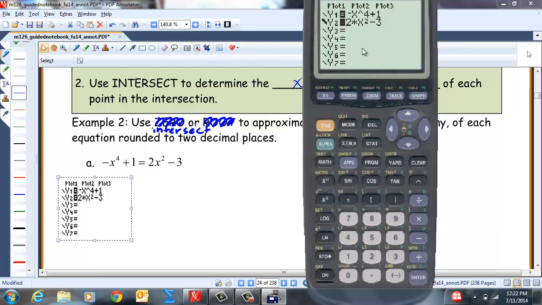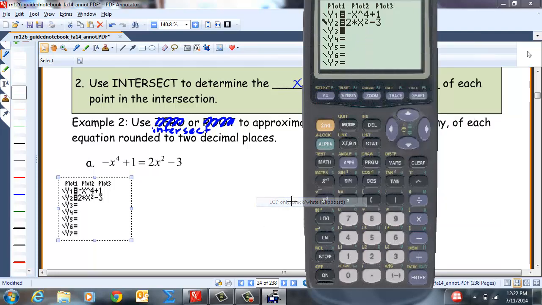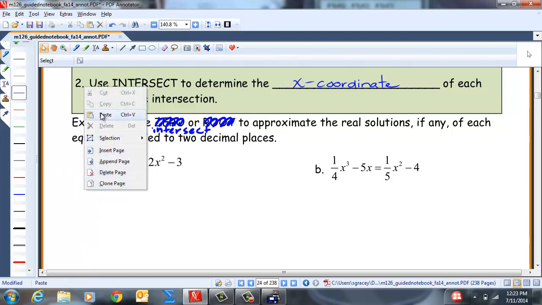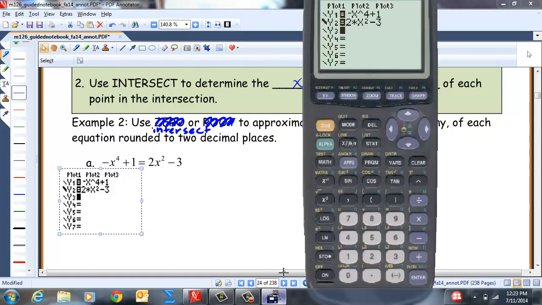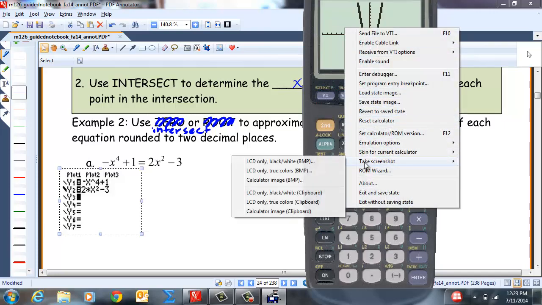So let me recopy this one so you guys can see what I did, and then our picture of our graphs. That way we'll know which one is which. So that's Y1 and this one is Y2. That's our basic graph.